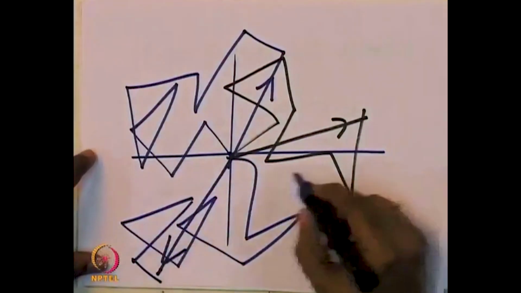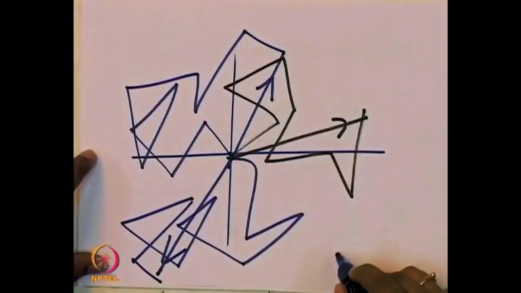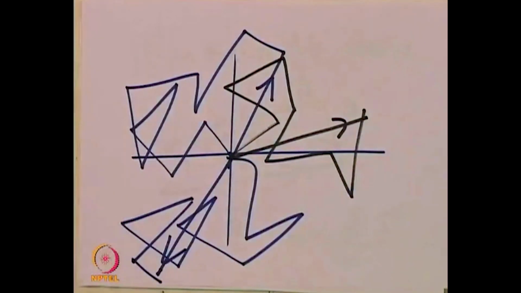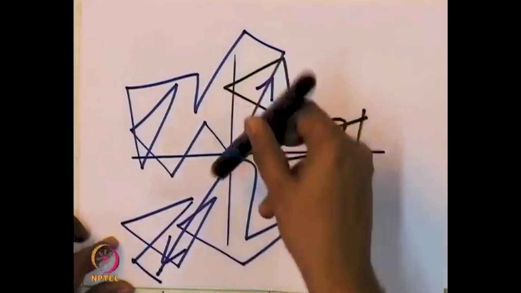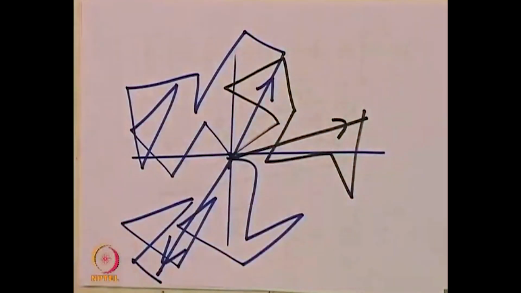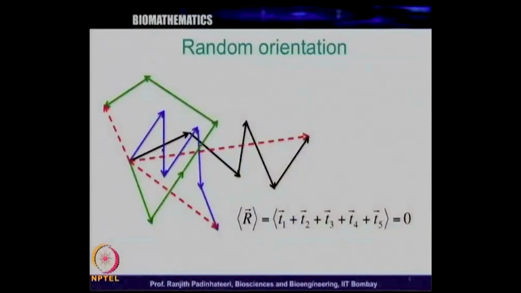The end to end distances might be oriented in completely random directions, one here, one here. Have a look at this plot. Here you have 3 different randomly oriented proteins shown in 3 different colors: black, blue and green.